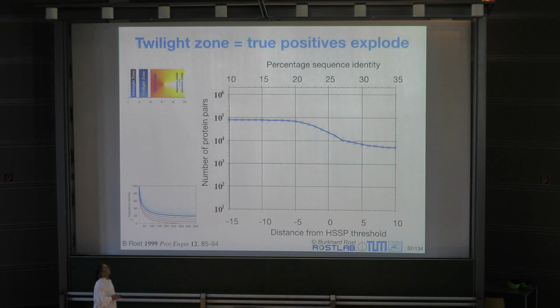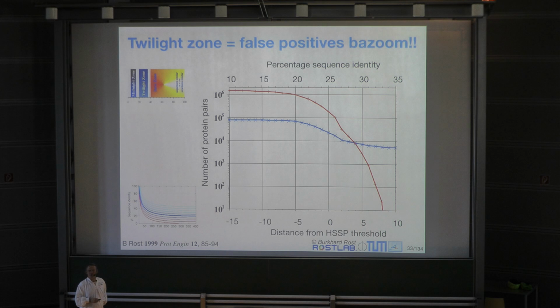Okay. Now what we need of course are the red ones. So pairs of proteins that do not have similar structure. And again, you clearly observe that red goes up. But not only that: I said blue increases by more than an order of magnitude. Red goes up in this region here by 5 orders of magnitude.